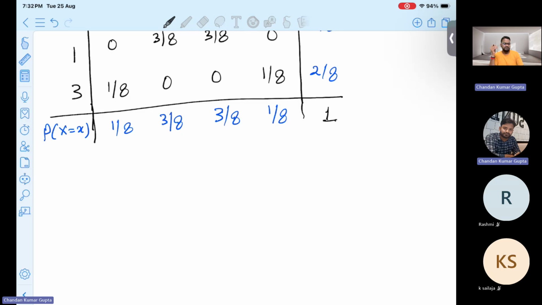So let me define the marginal probability density function. That means we are now discussing the continuous random variable.